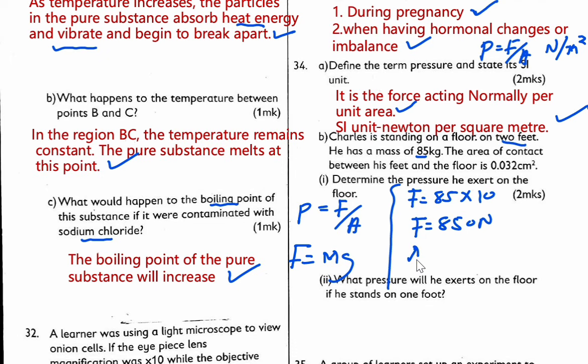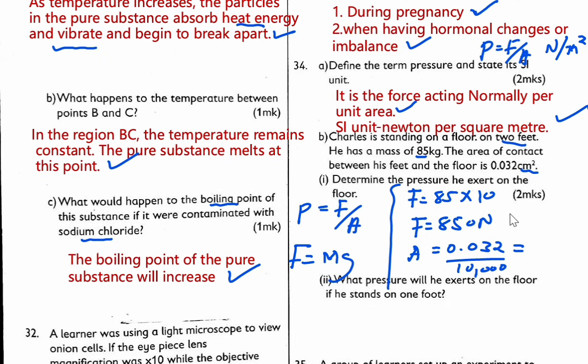What about the area? Do we have the area? The area is there. But look here, it is centimeters square. We have to change into its SI unit, which is meter square. So we divide by 10,000. So 0.032 divided by 10,000, to change into square meters.